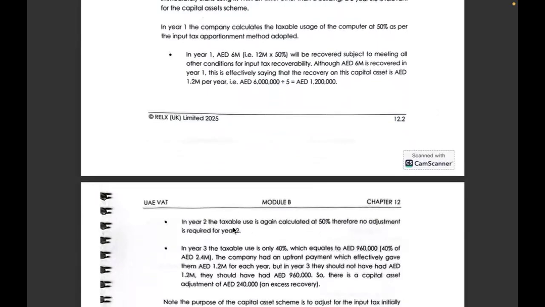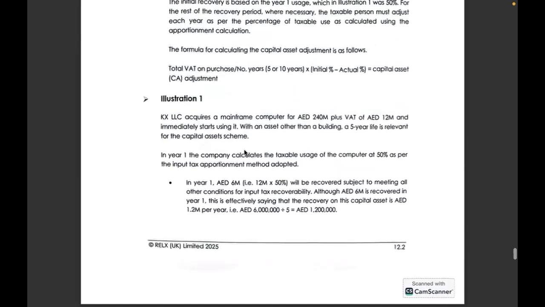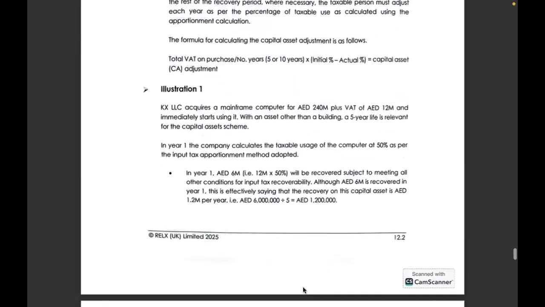There is no adjustment required in year two. Why? If you look at the formula we saw, it said total VAT divided by the number of years, into initial percentage, which was 50%, minus actual percentage, which in the second year is again 50%. So it will become 0% multiplied by something. So the adjustment is basically zero.